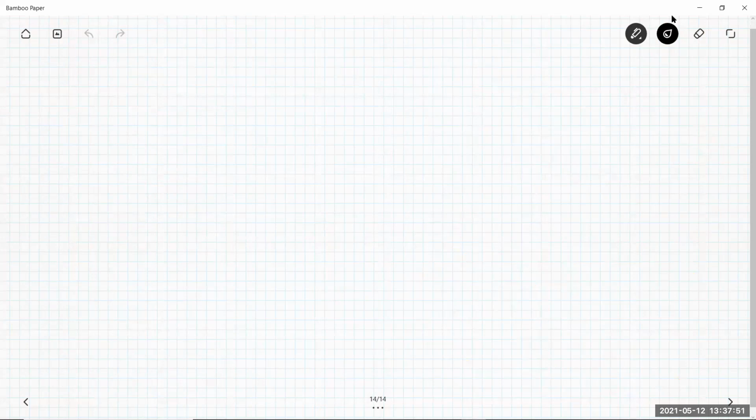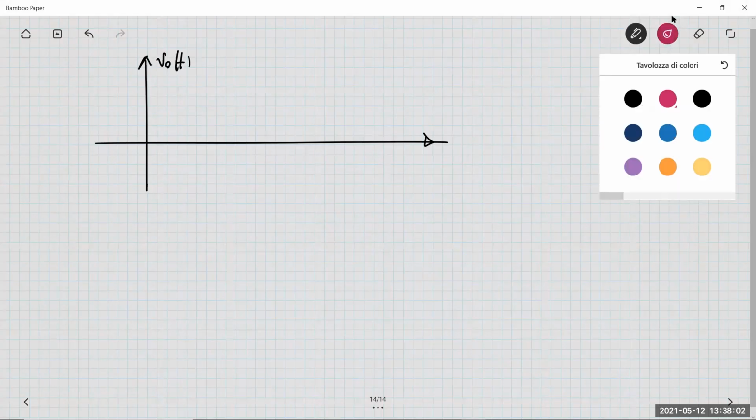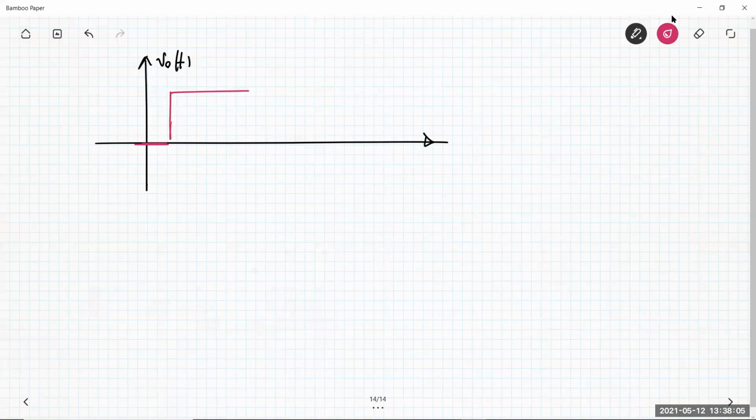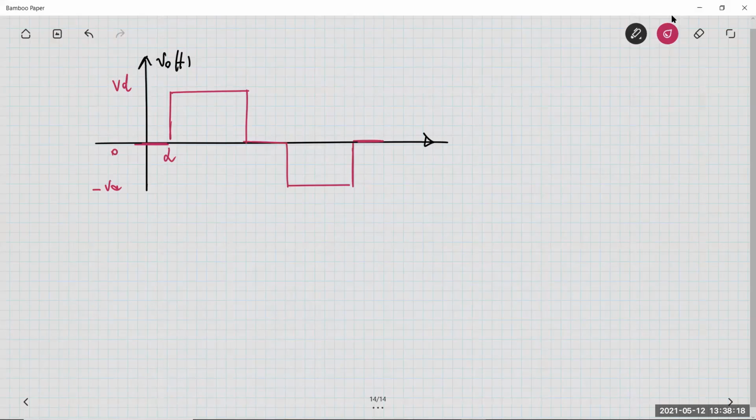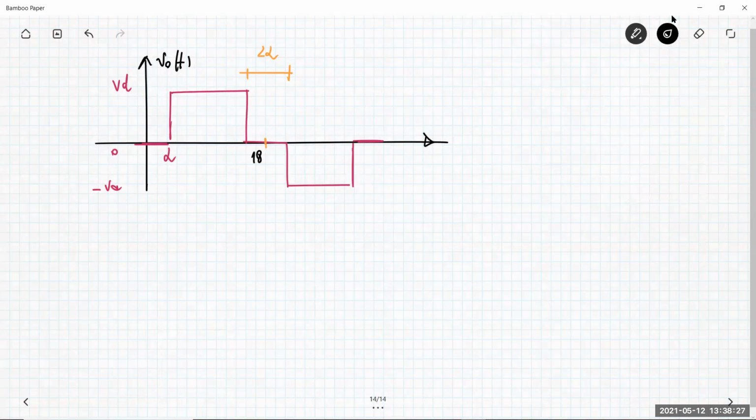So the output voltage, which I have to redraw here, has this behavior: VD, 0, negative VD. This is alpha, this is 2 alpha, and this is 180, 360, etc.